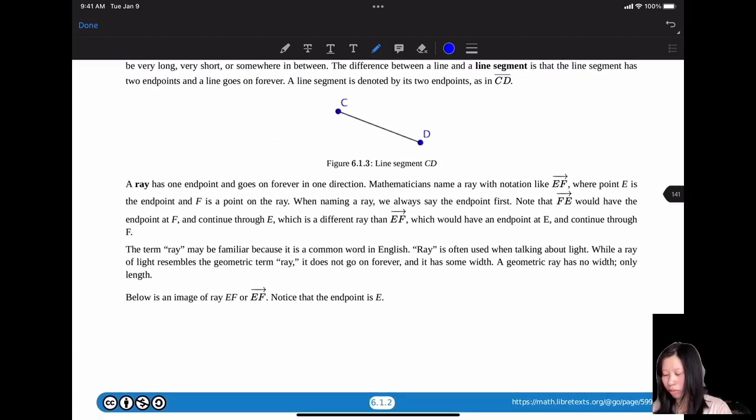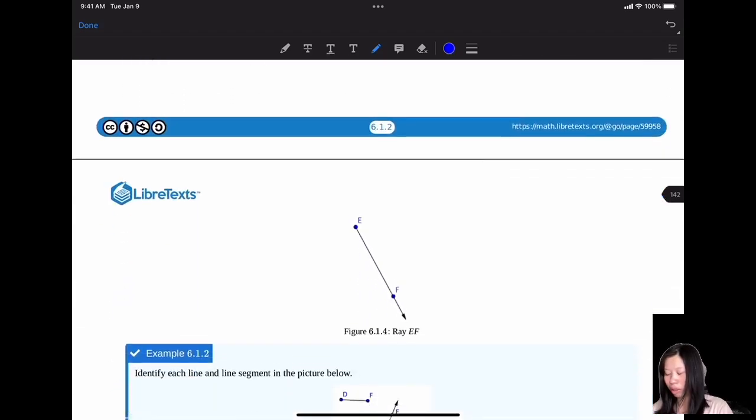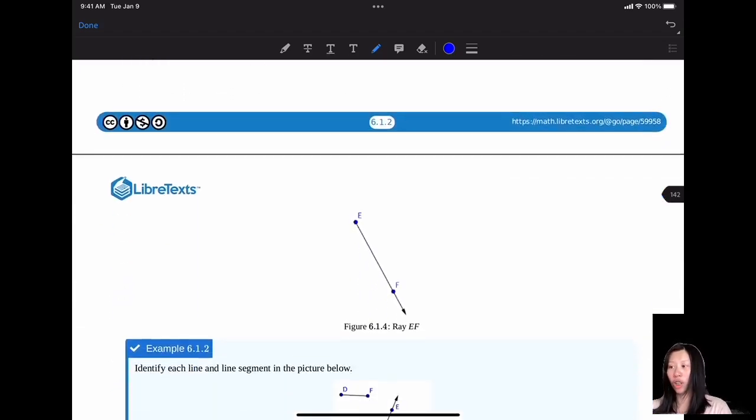Okay. So what is a ray? A ray is something that looks like this one. A ray has one endpoint and goes forever in one direction.